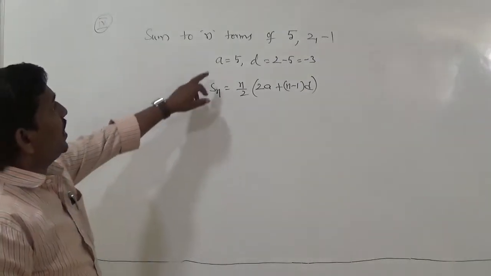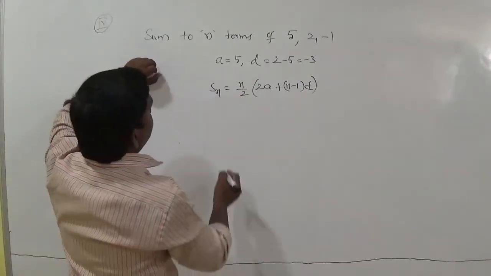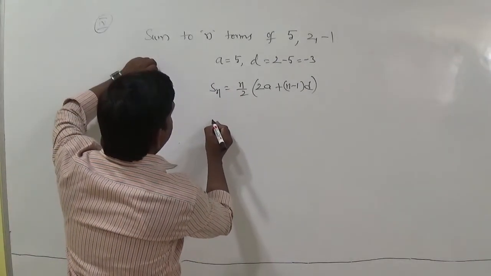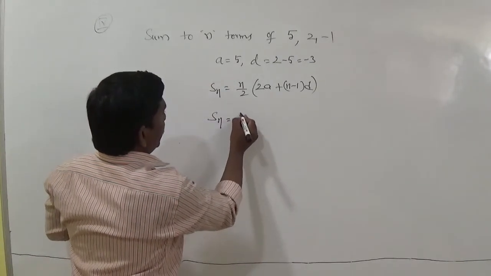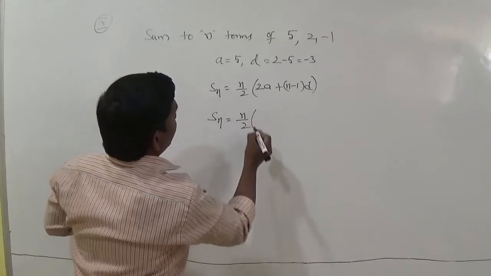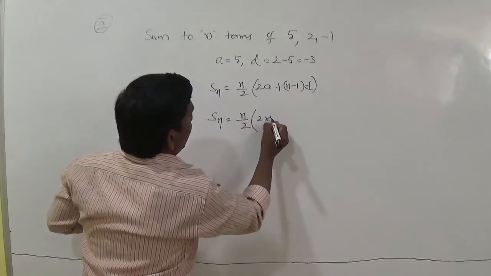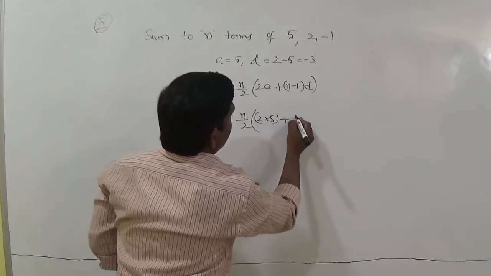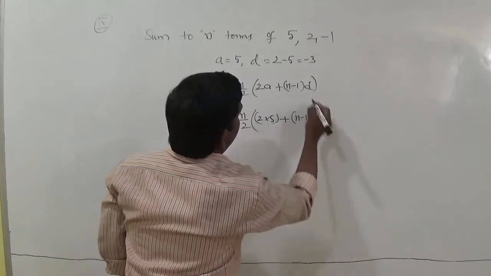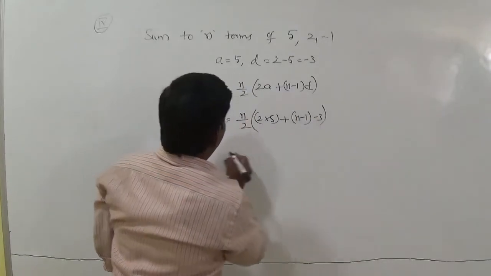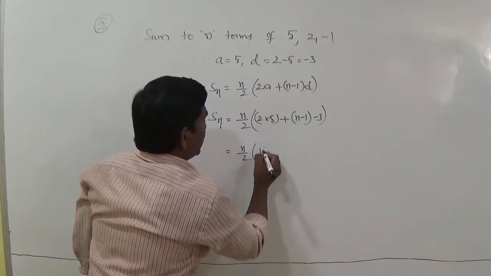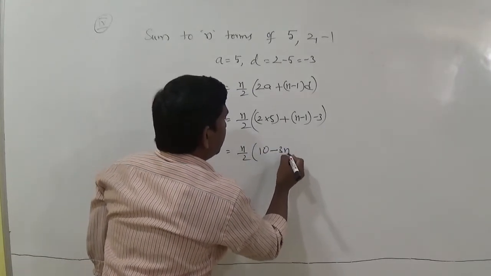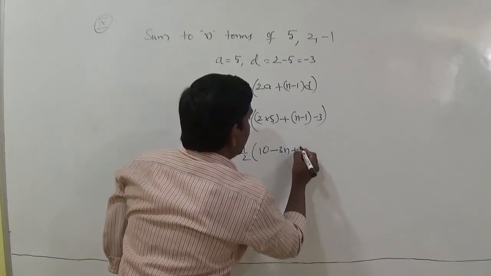Substitute the values of a and d. N by 2 into 2 into 5 plus n minus 1 into minus 3. 2 fives are 10, minus 3n plus 3.